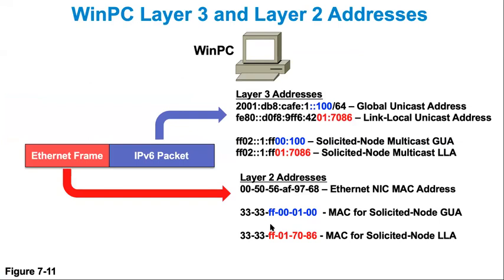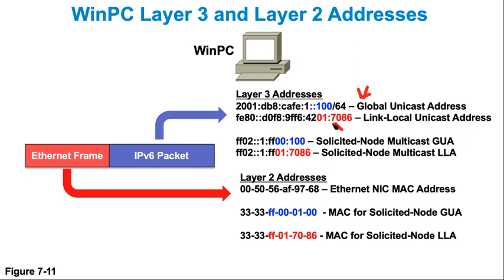Okay, so that's what I'm kind of showing here. WinPC is saying these are the layer 3 addresses I accept, and these are the layer 2 addresses I accept. Okay, so as we can see here, this is what was configured. The global unicast address, let's say, was received, and maybe we configured a link local address, or it created one on its own.